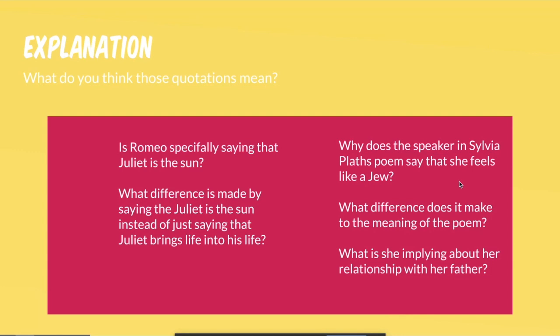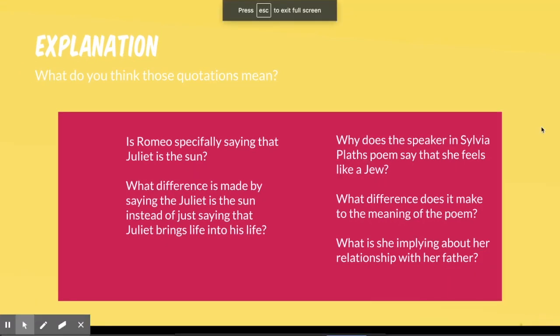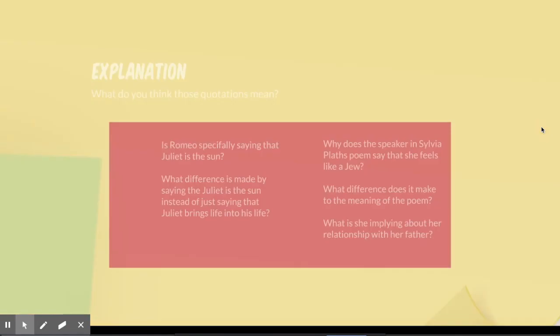What is she implying about her relationship with her father? This part of Sylvia Plath's poem could be a lot of different things about her relationship with her father, how she felt that he tortured her the way that Hitler tortured the Jewish people during the Holocaust. That's just one example, but that's definitely a good one. So let's keep going.